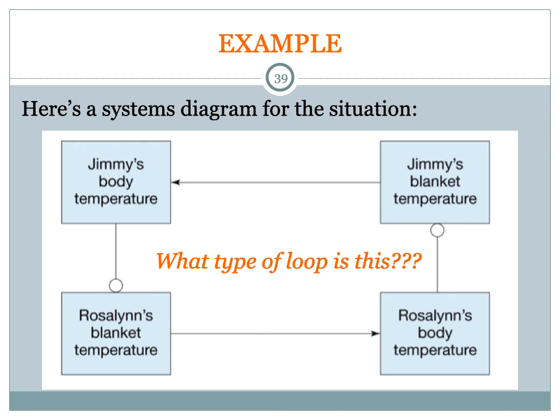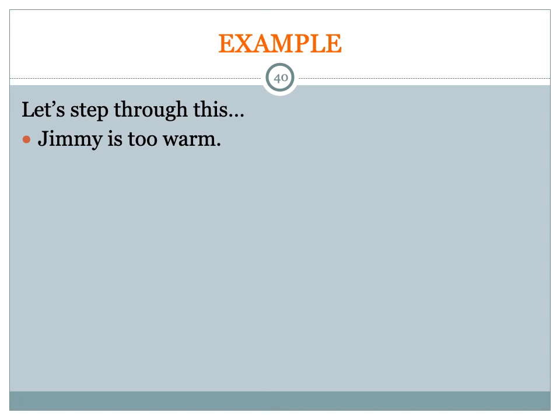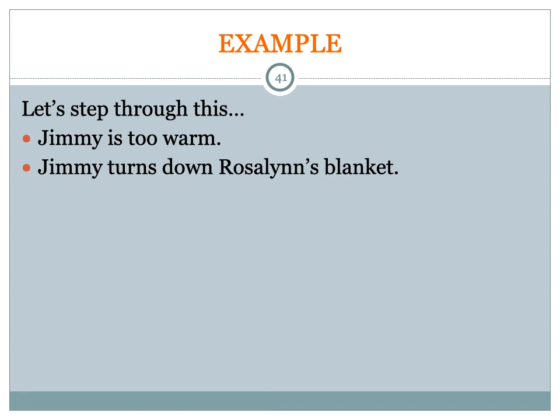Here's the systems diagram. Is it a stable or unstable loop? Let's step through and find out. Jimmy's too warm. So he turns down his wife's electric blanket.